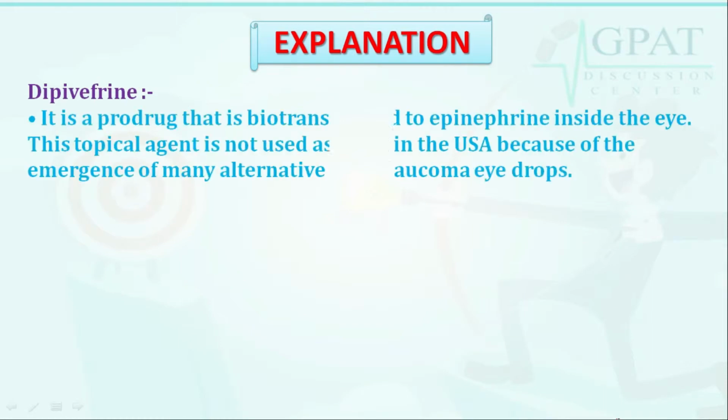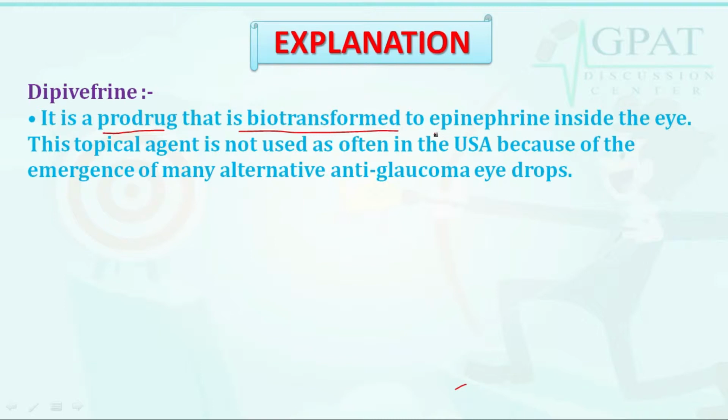So let's discuss diphenhydramine a bit. It is a prodrug that is biotransformed to epinephrine inside the eye. Means after the administration, the diphenhydramine changes into epinephrine inside the eye.